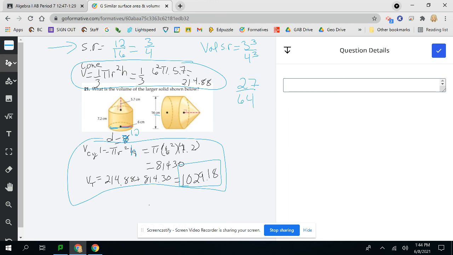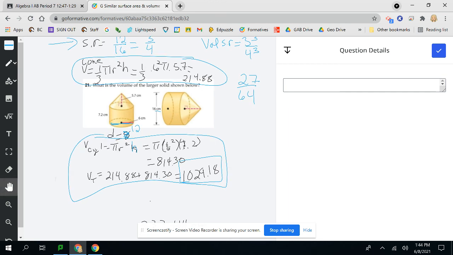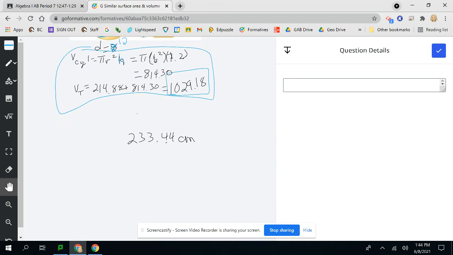So to find the volume of the larger cylinder, I need to take that ratio, 27 over 64, equals our smaller volume over X. I cross multiply, so I get 27X equals 64 times 1029.18, sorry, I said that wrong, and I get 65867.52.